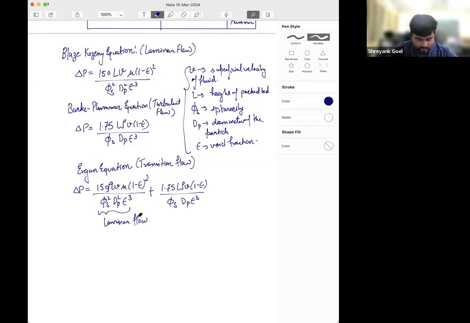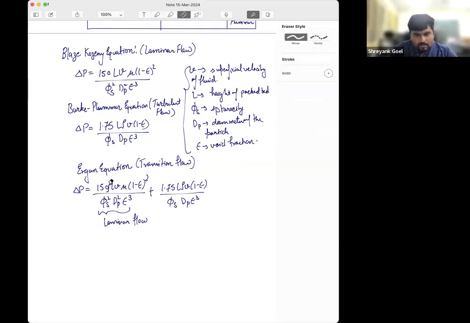So that should be made clear. No, that's correct, so rho is not there.